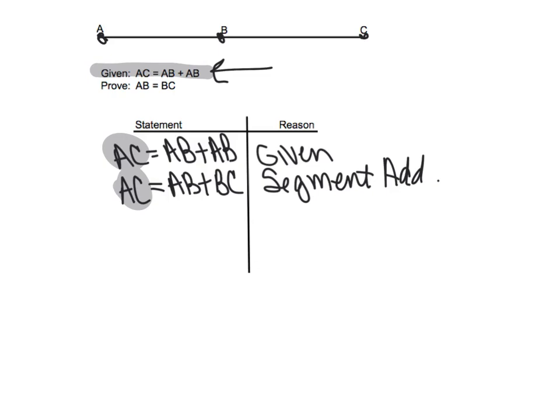So if I know that AC equals AB plus AB, anywhere I see an AC, I can take it out and put AB plus AB in its place. So I can say that AB plus AB, okay, I just took out this AC right here and substituted in what I know, equals AB plus BC. Okay, all I did was substitute. I took out AC and put those segments in its place. So that would just be substitution.